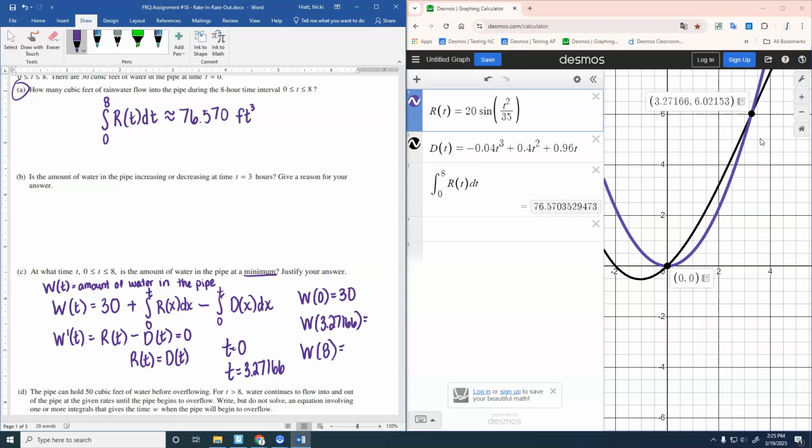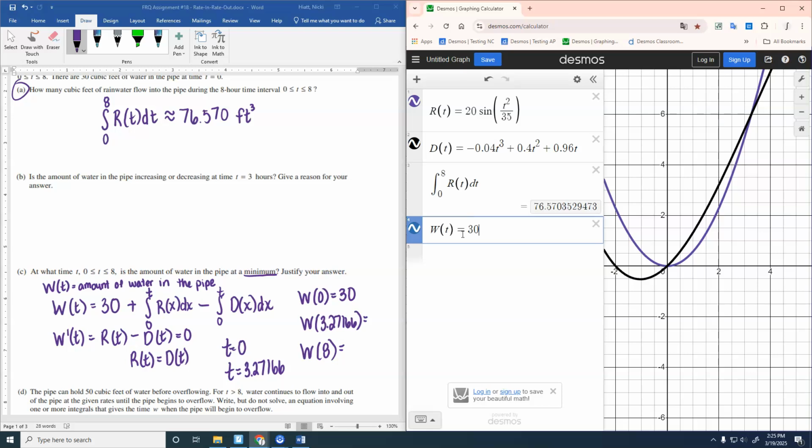And so if I go over here, let me do W of t is 30 plus integral from 0 to t of r of x dx minus integral from 0 to t of d of x dx.